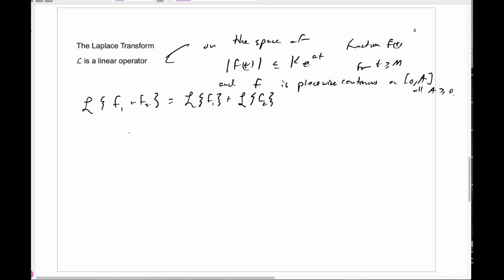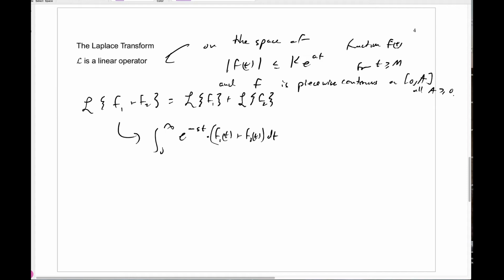Is this obvious? Well, the Laplace transform of f1 plus f2 is just the integral of e to the minus st times f1 of t plus f2 of t, in parentheses like that, dt.